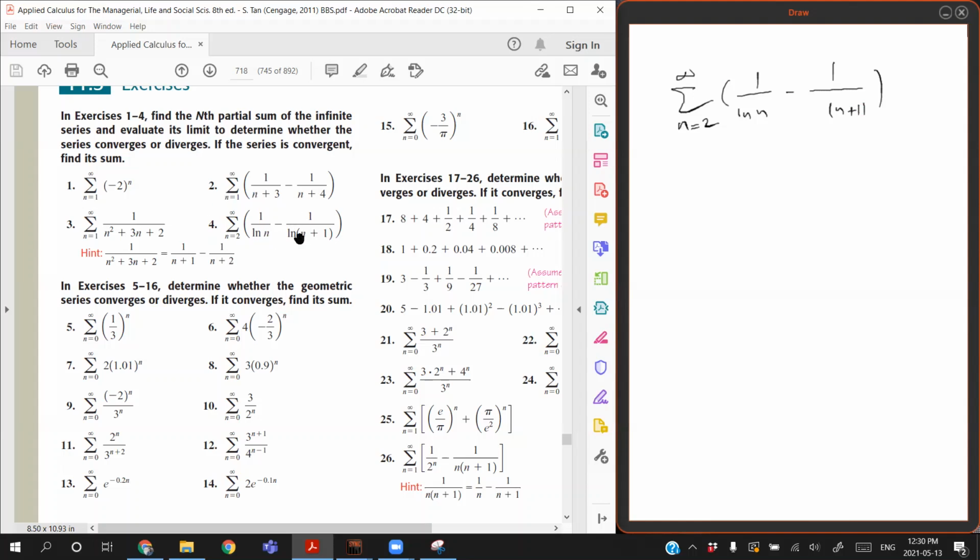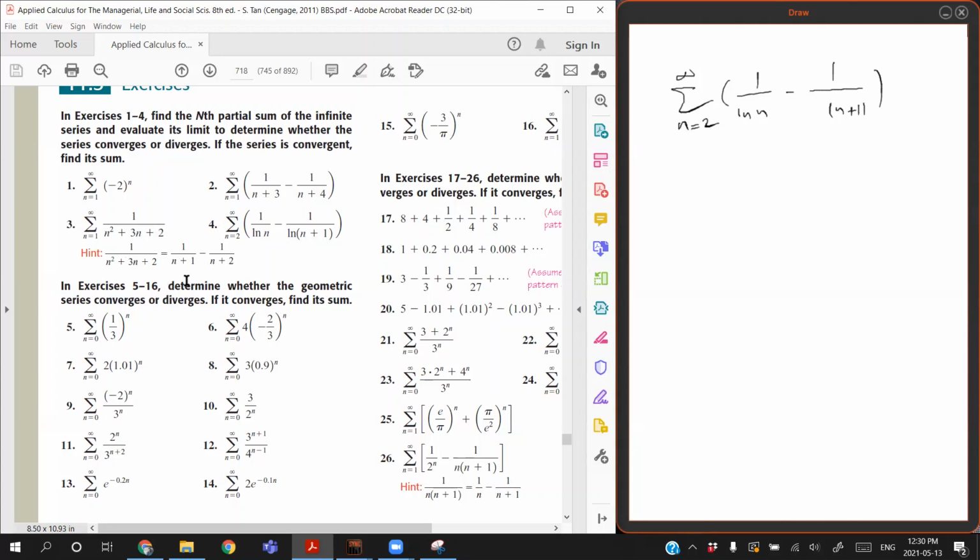It's obvious it's telescoping because of the format that it has, but sometimes it's not obvious, like the example I just did, or number 3. It's not very obvious that this is telescoping. But if you factor the denominator, you will see that there are two factors in the denominator, n plus 1 and n plus 2.